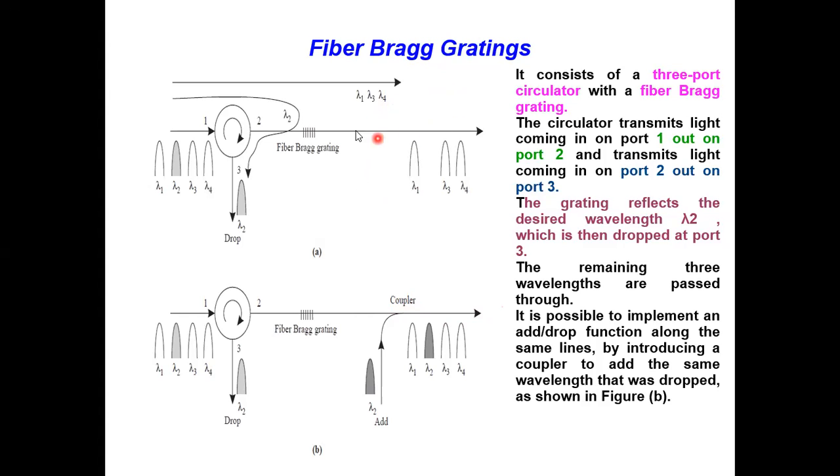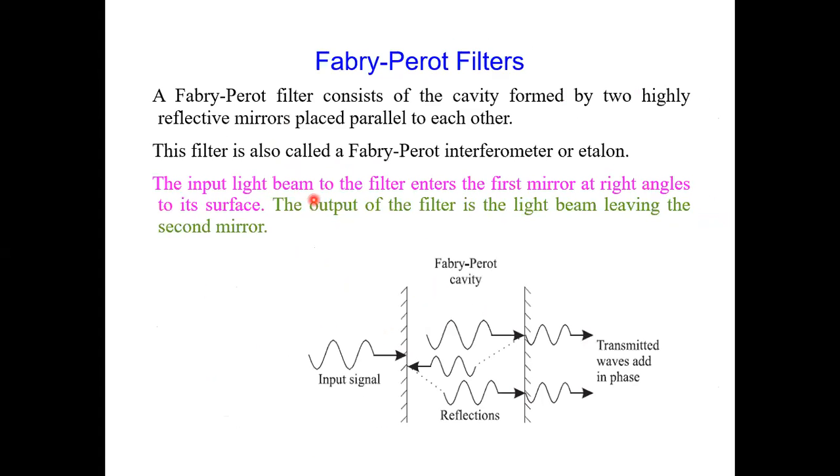So a fiber Bragg grating is allowing you to drop the signal, and a coupler is allowing you to add the dropped signal. So this whole combination will form an FBG, and in a multiplexer, we require both of them. So we will not put a separate coupler and a separate FBG. We will have a combined device where I can have both these features.